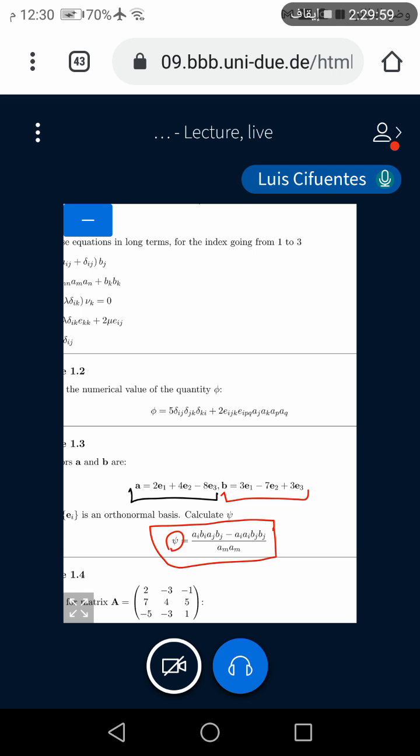This is just a scalar. There is no index for this symbol here, so it's just a scalar. So let's do this.